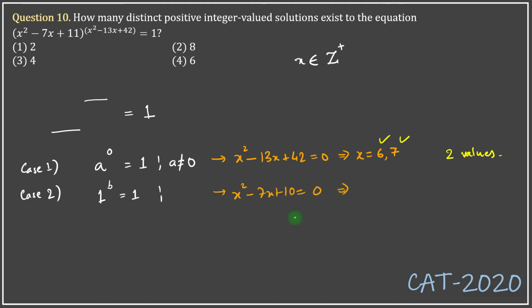Again, factor the middle term. You'll get minus 5 and minus 2 add to minus 7 and multiply to 10. So it will become (x minus 5) times (x minus 2) equals 0, or x is equal to 5 or 2. Now whatever value of the power you get, whether it is positive, negative, 0, doesn't matter, because 1 raised to any power is 1.